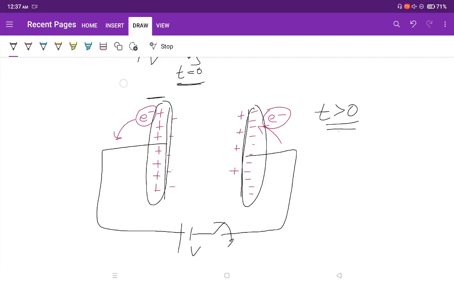Here a force of attraction, and here a force of repulsion, right?